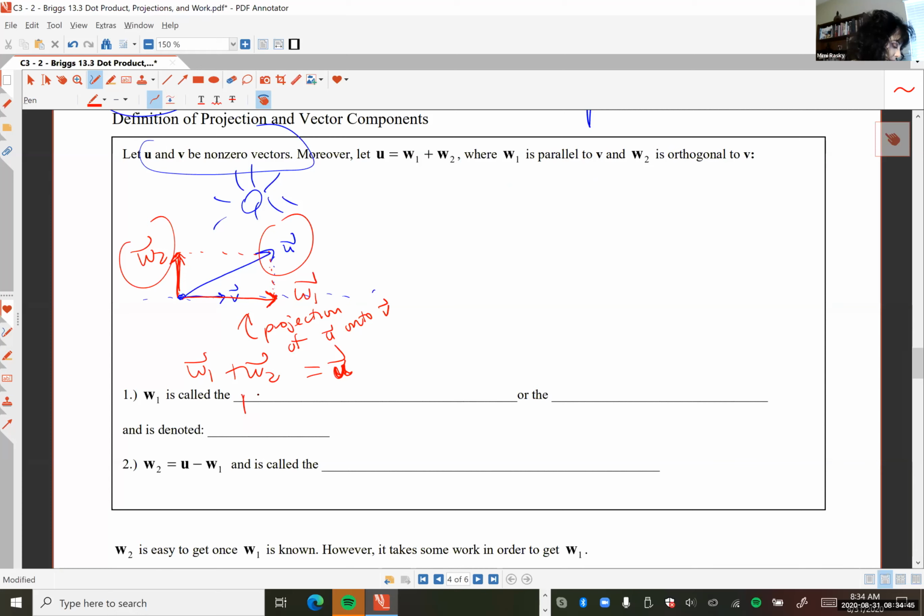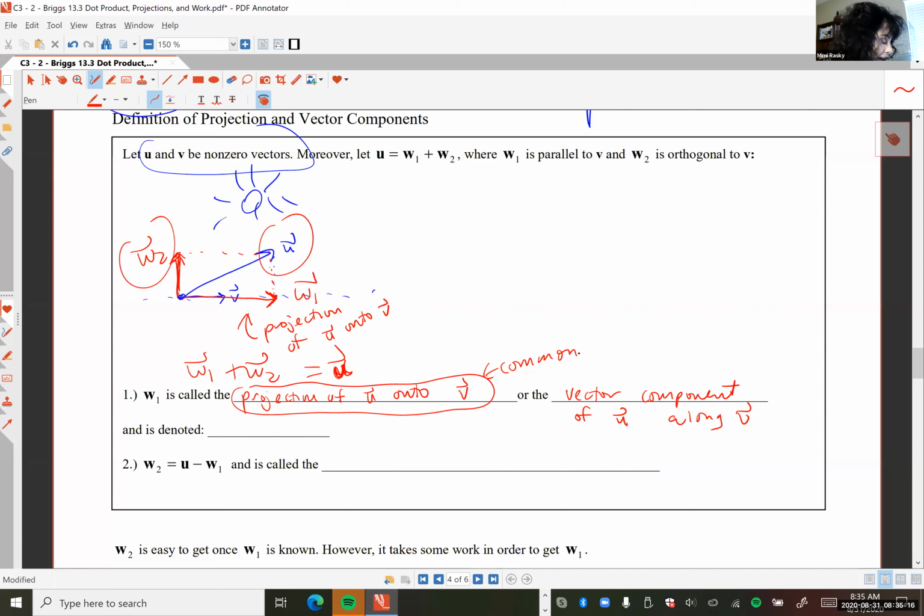W1 is called, and I wrote it already, the projection of U onto V. Or sometimes it might be referred to, and you want to know all the vocabulary so you can speak intelligently, the vector component of U along V. Same thing, although the more common phrase is the projection.